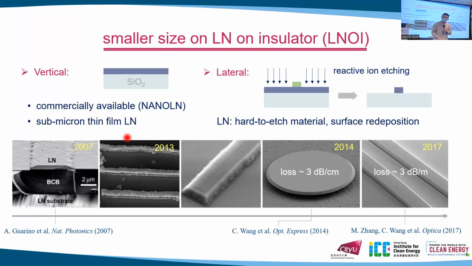This picture shows that in 2007, the etched lithium niobate had a very rough surface, and then after 10 years, a very smooth waveguide with low loss was achieved.